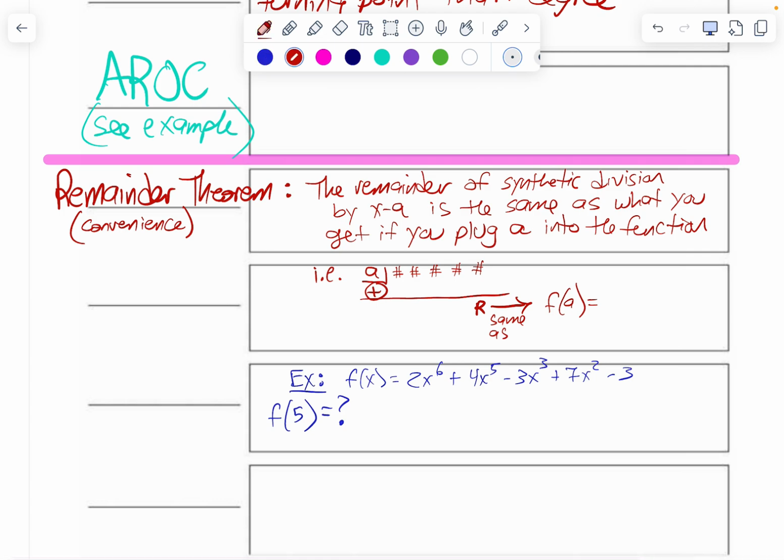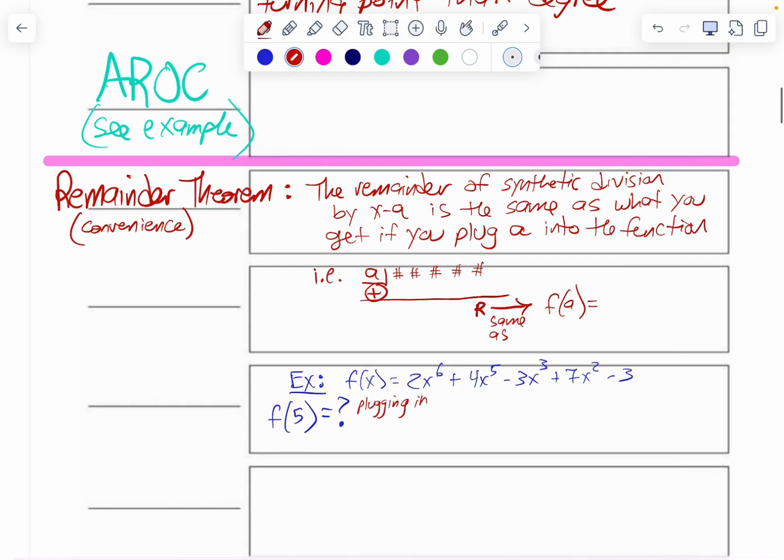I'm going to say plugging in 5 for x is horrible, especially without a calculator. But what this theorem says is that we don't have to. We can just do synthetic division instead, and that's the same.